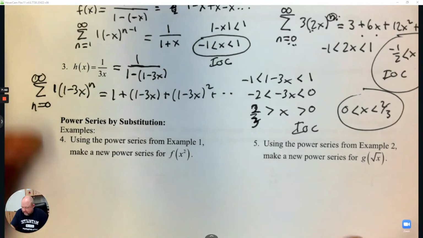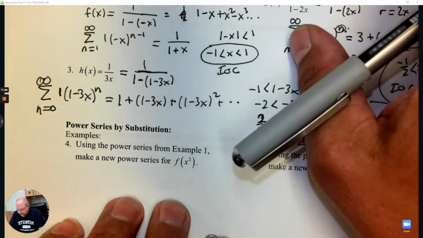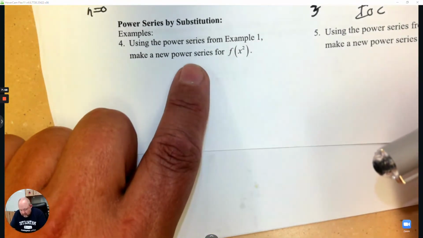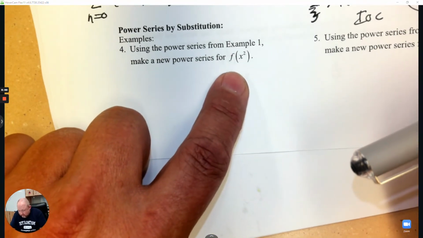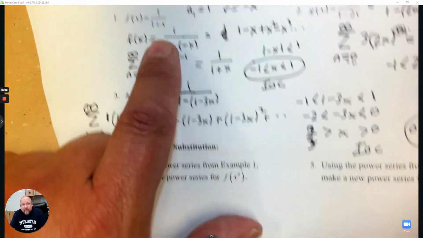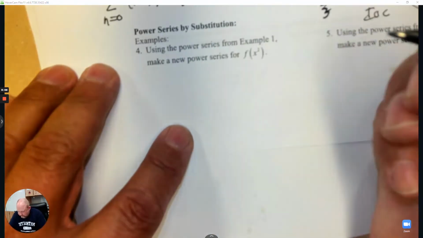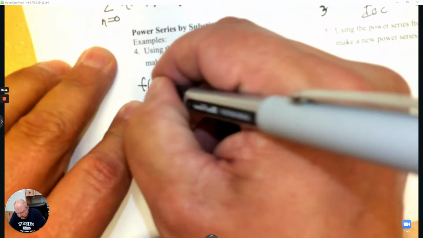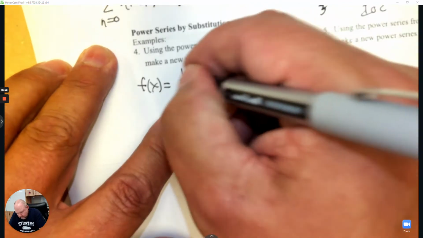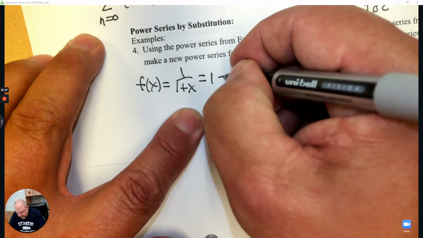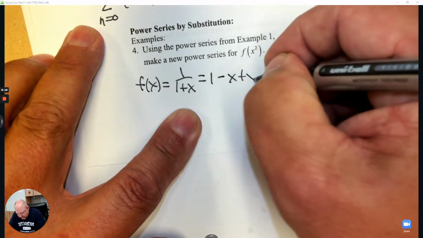All right, number 4. Use the power series from example number 1 to make a new power series for x squared. So if I look here from number 1, I'm just copying down what is above.